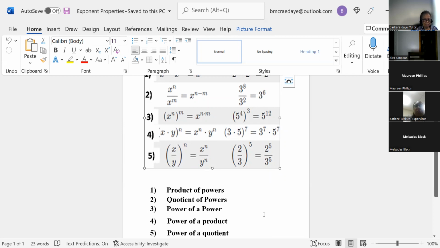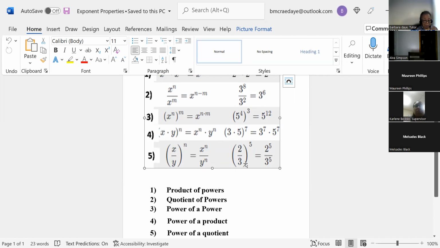So X divided by Y, all raised to the n power, you can write as the numerator x to the n divided by the denominator y to the n.